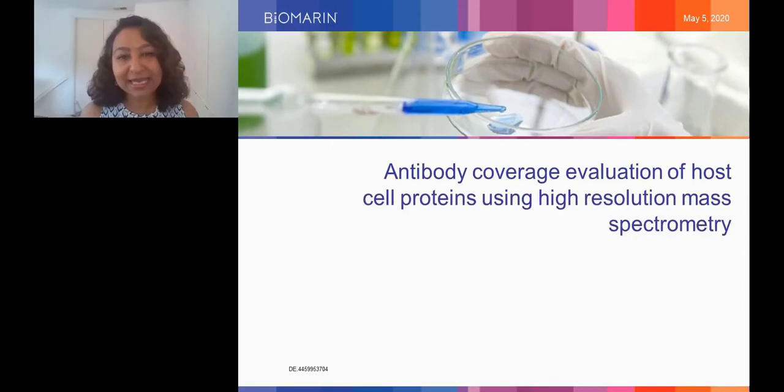For this, the regulatory authorities expect commercial development and commercial release to assess the antibody coverage of the host cell protein antibodies being used, and to really make sure that the coverage is not low. Typically, I've seen 30 or 50% coverage to be considered quite low by the regulators, because basically that's saying that only half of the host cell proteins that are actually present are recognized by the antibody.